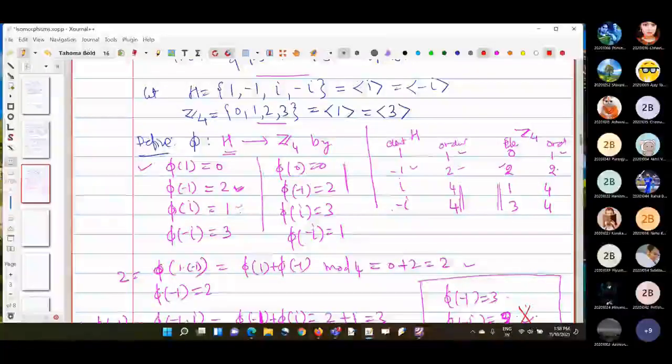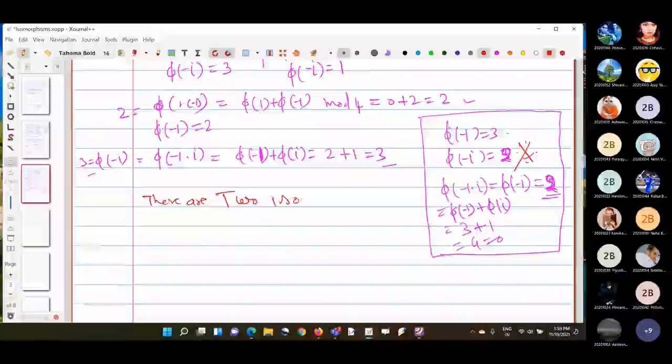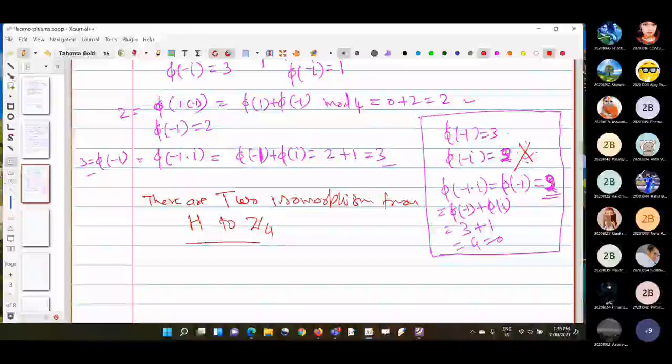So how many isomorphisms did we get here? तो यहाँ पे कितने isomorphism मिले हमें? 2 isomorphisms from H to Z4.